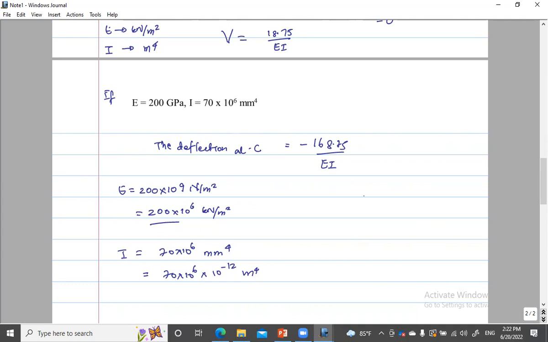So if I substitute this value here, 168.75 over 200 into 10 to the 6 times 70 into 10 to the minus 6, because the 10 to the 6 and 10 to the minus 12, yeah, 6 will cancel out. So this will also cancel off.